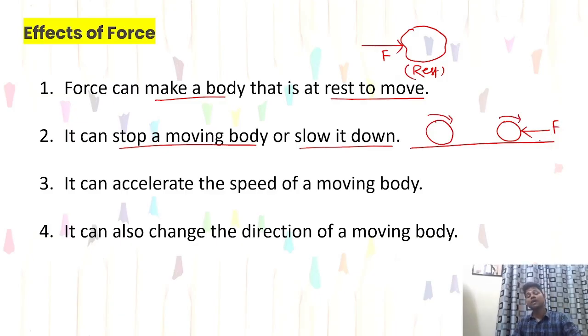If I apply the force in the opposite direction, then I can stop the body from moving. Or if I apply a lesser amount of force, then the body will slow down automatically.